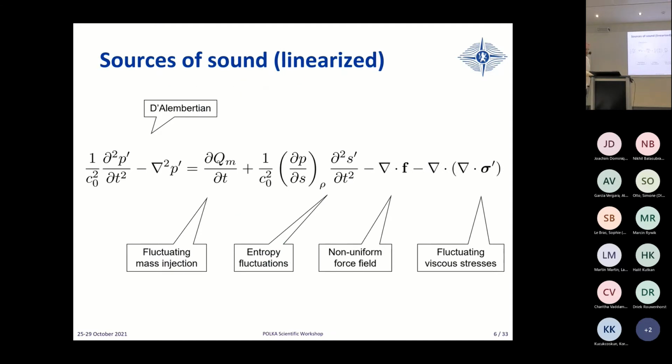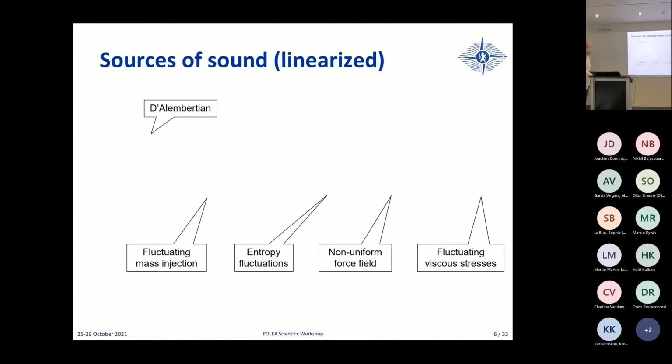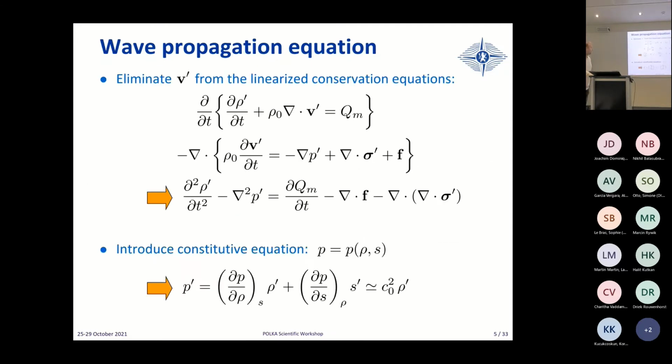So I take this expression in here and I decide to substitute for the density. So rho prime is going to be P prime minus this guy in here divided by C0 squared.